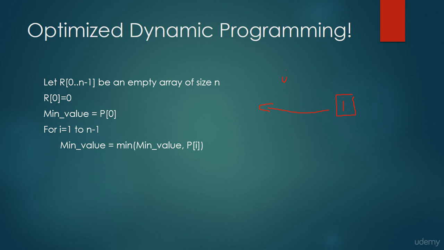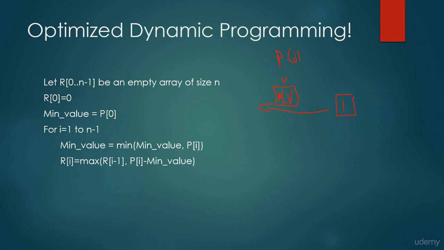So that's day j here, and that's the minimum value. So at I, the minimum value is the minimum of the minimum value, which is this value right here at j, price j, and the price at I, and I update its value.